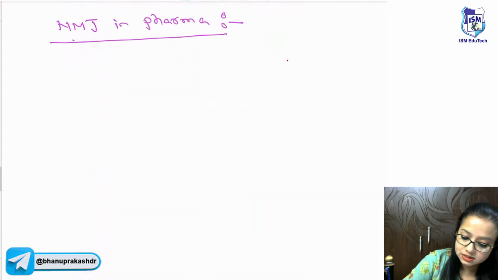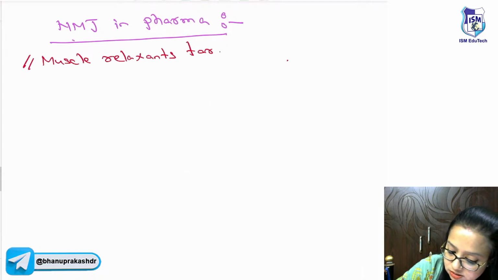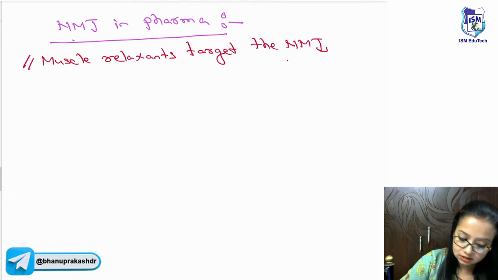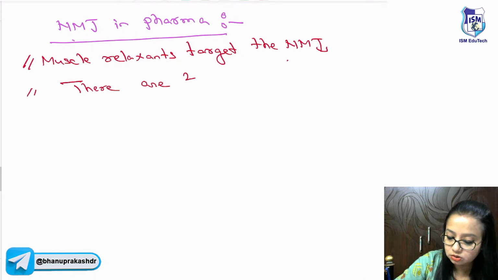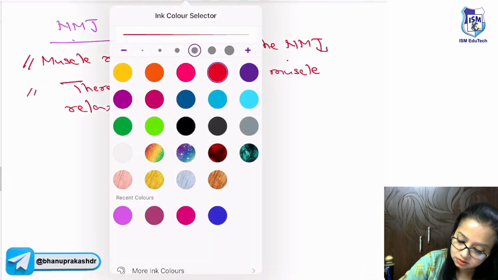Certain muscle relaxants target the neuromuscular junctions. There are two types of muscle relaxants.